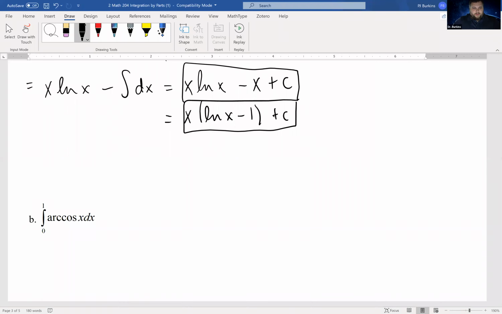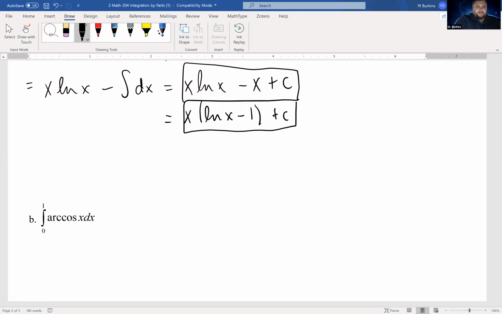For the second one here, we are given arc cosine, and this one has bounds. So again, there are no two functions. There's just one function, right? And so it might not be something that you look at and say, okay, this is definitely by parts, but we can still use the technique if we let dv equal dx.